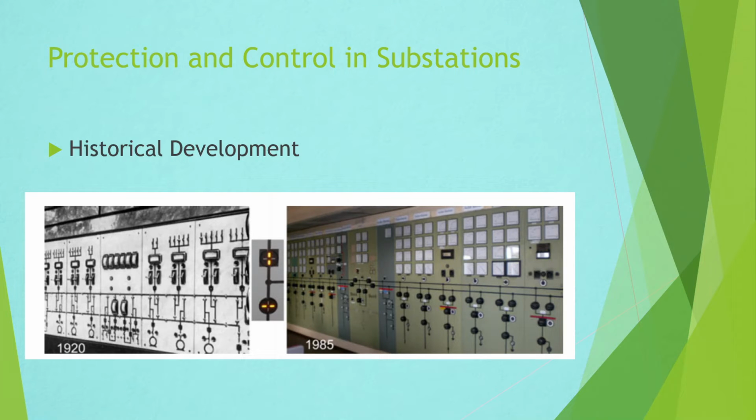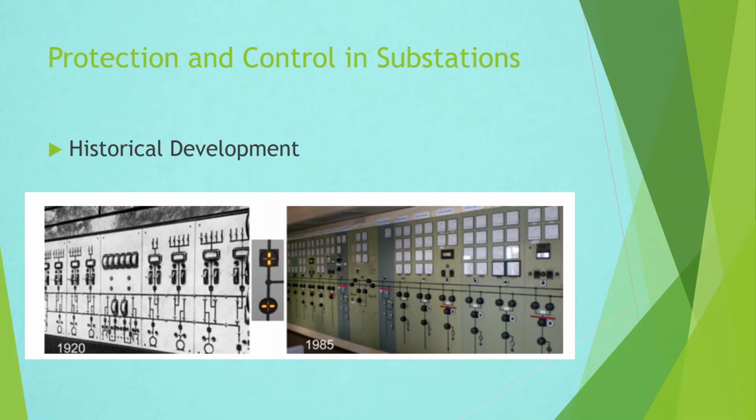If you look at the historical development, the digital protection and control systems of the substation were developed and widely introduced during the last 3 decades. This system brought about a fundamental change in the technology and operation philosophy. These advanced digital technologies are currently applied in 100% of the important UHV, EHV, HV substations in the progressive industrial countries.